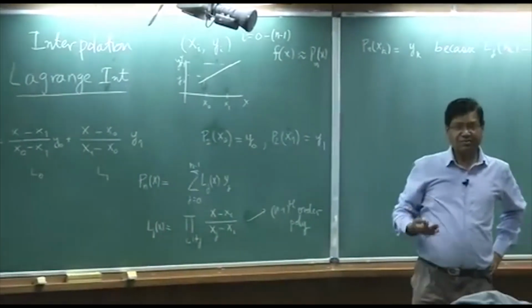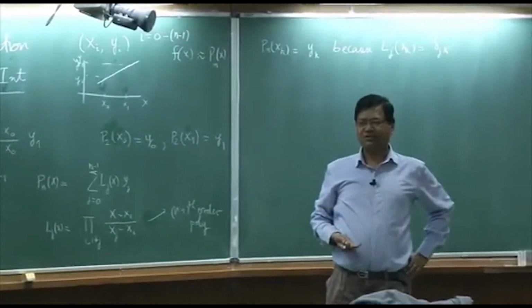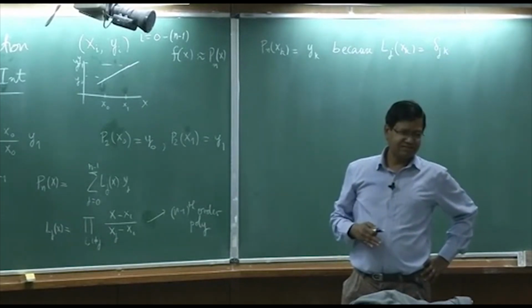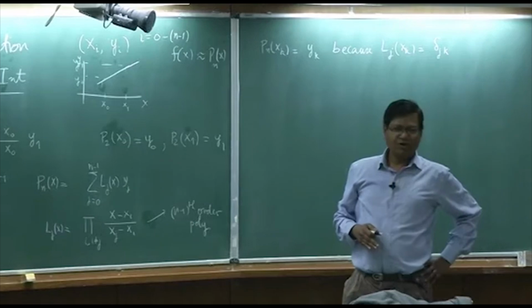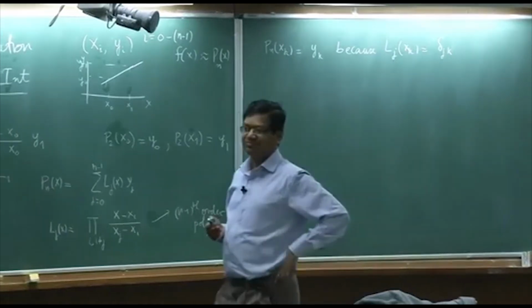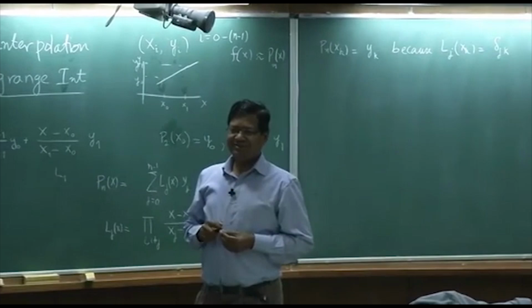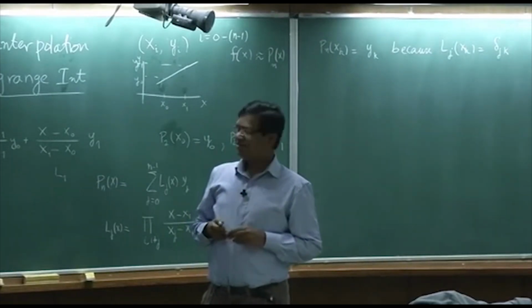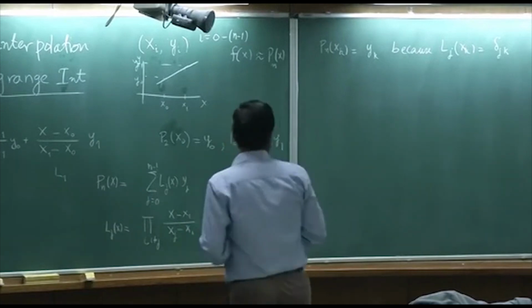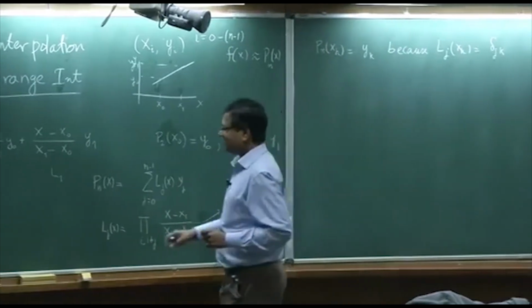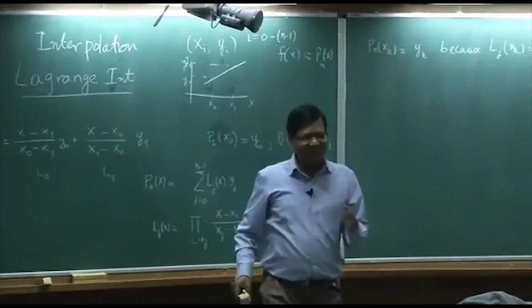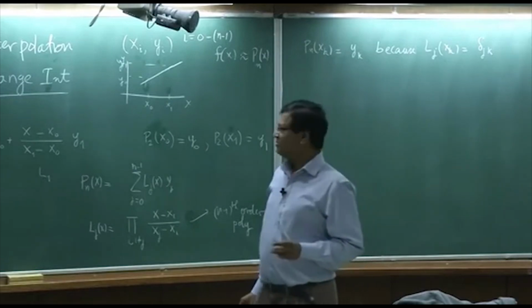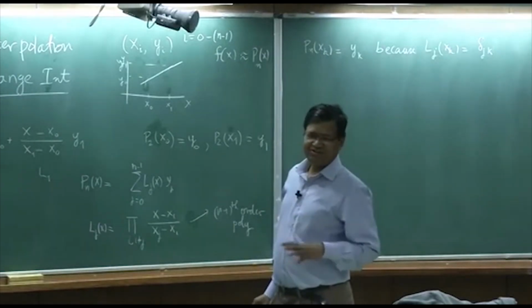Now, using this we can interpolate to whatever x you like. Of course, for some x the error is more, for some x error is less. Now, how do I estimate error for this function? Somebody gave you the answer, but now we should be able to get the error. I will do the full mathematical derivation for this, which I will not do for a lot of other algorithms.